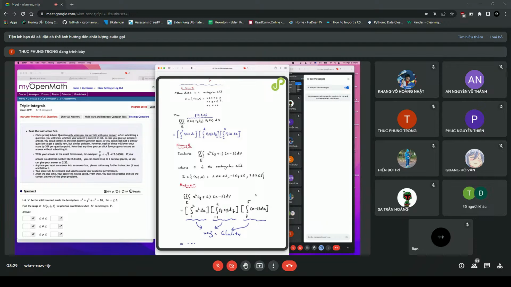First, the range of phi is, for my question, from 0 to 2 pi, because in order to find this, we only need to look at the projection of V onto the xy-plane. Then you get this one.